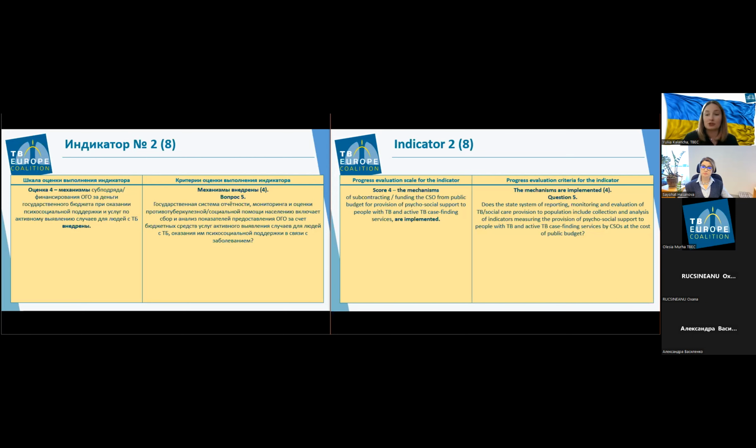So if there is the mechanism of interaction and reporting, which is determined by the roadmap or something else, thus the ministry that provides psychological support services needs to have the budget, and also they need to have the policies which will oblige them to provide those services.